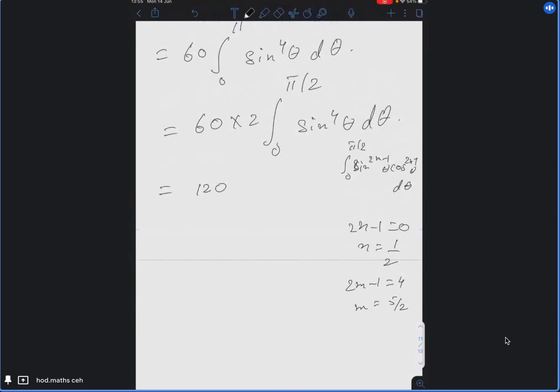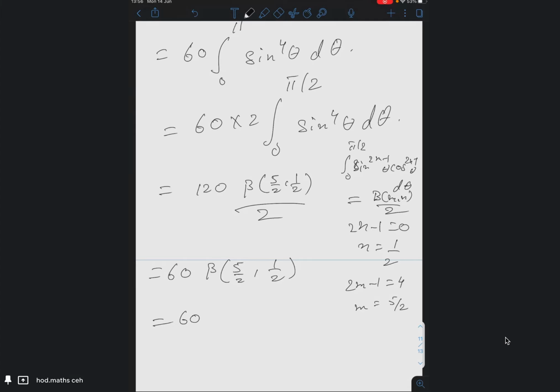So this is beta. Now this whole thing is equal to beta m comma n. So that will be beta 5 by 2 comma 1 by 2, which is again 60 beta 5 by 2 comma 1 by 2. Now write beta m n in terms of gamma: beta m n is equal to gamma m gamma n by gamma m plus n.